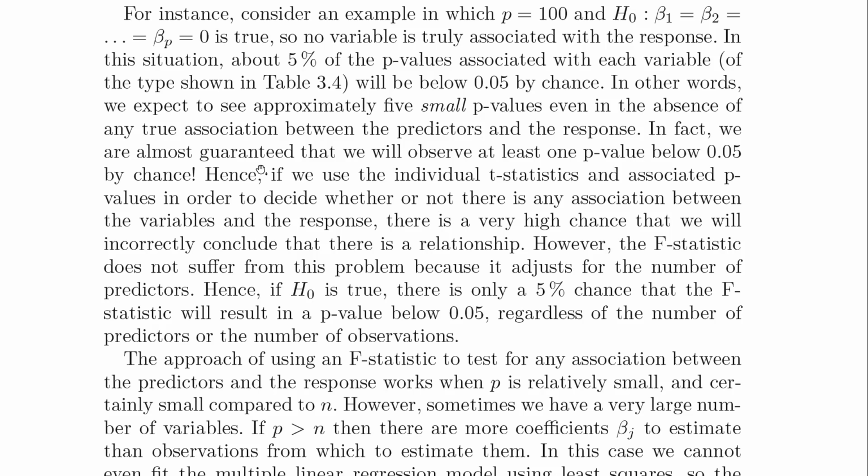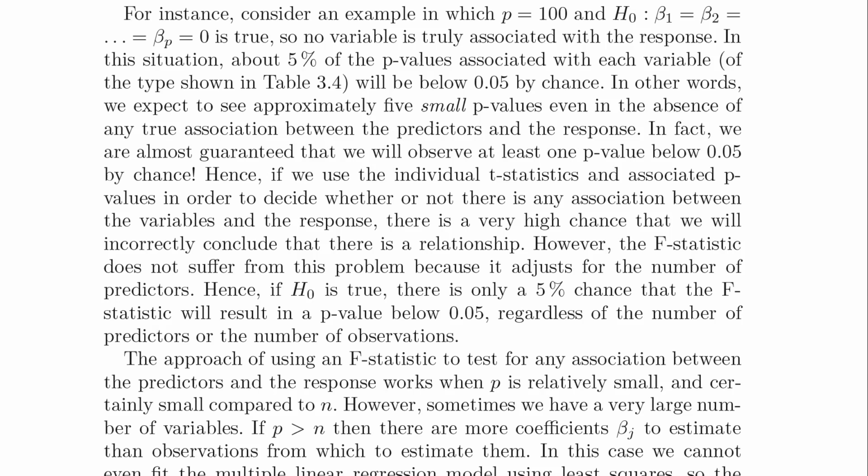Okay, so in other words, we expect to see approximately 5 small p-values, even in the absence of any true association between the predictors and the response. In fact, we are almost guaranteed that we will observe at least one p-value below 0.05 by chance.